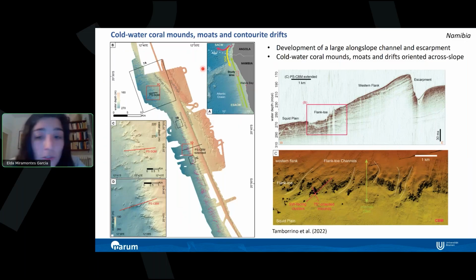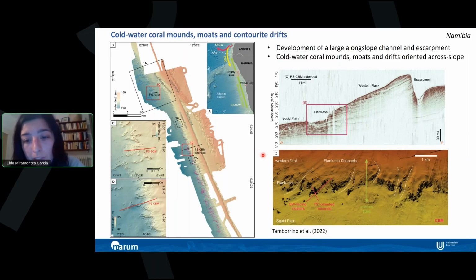In Namibia, we also observed the interaction of internal waves with the seafloor. Here is again a zone with abundant coral mounds. You see here we are now on the mid to outer shelf. And in the lower part you see a lot of erosional surfaces and several mounds formed by cold water corals. And here is a huge escarpment and channel that extends along several kilometers and is again very straight.